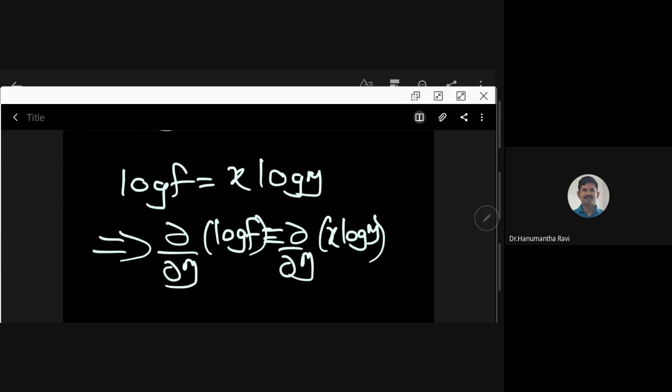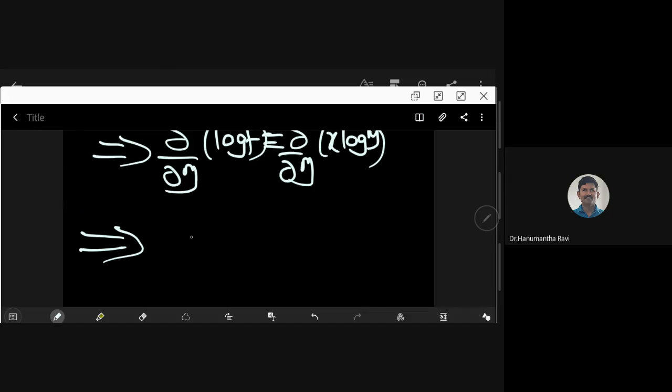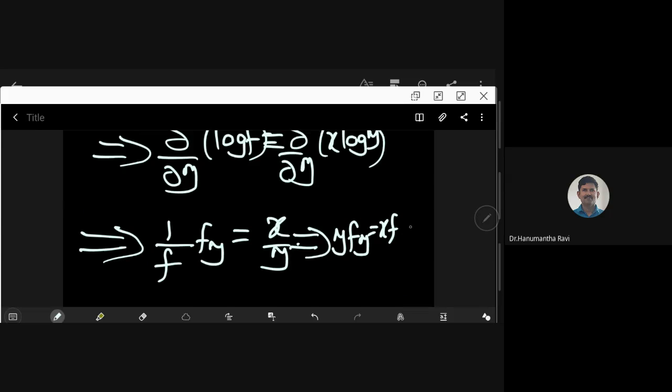So this implies 1 by f fy is equal to, now with respect to y, x by y. Log y derivative is 1 by y. So y fy is x f.